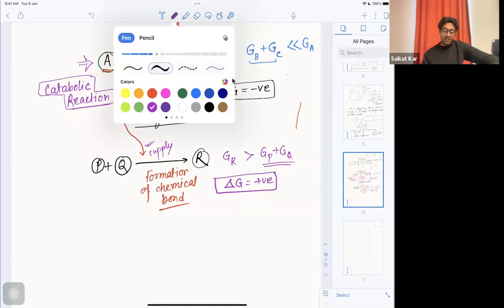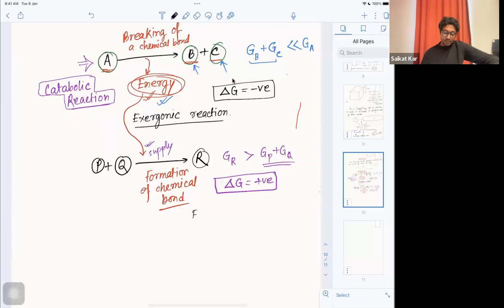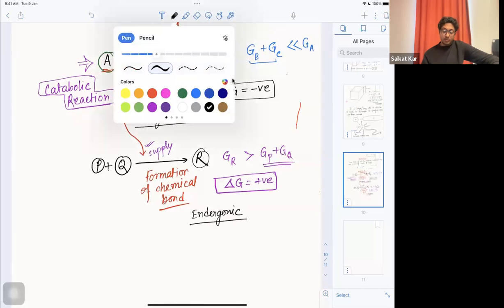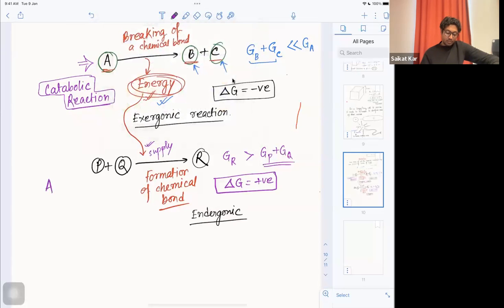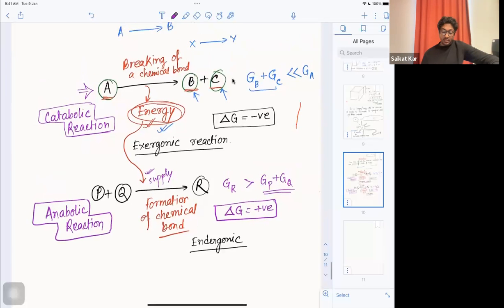So this type of reaction is endergonic. But biologically, we also call it an anabolic reaction. So metabolic reactions can be classified into anabolic and catabolic reactions.